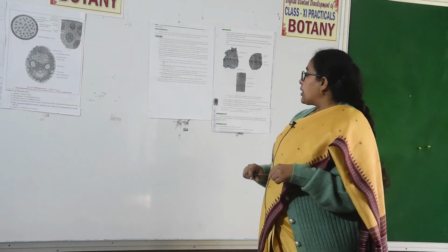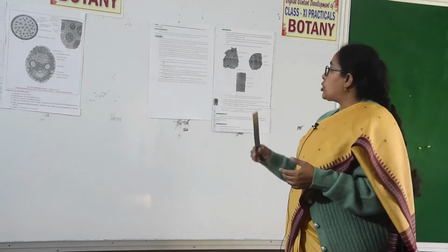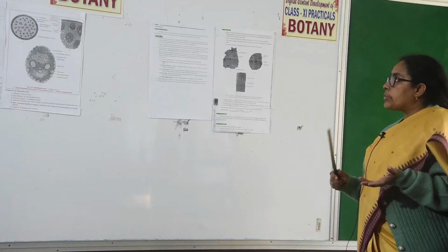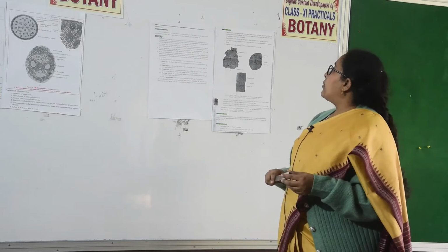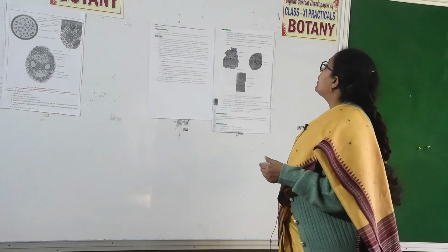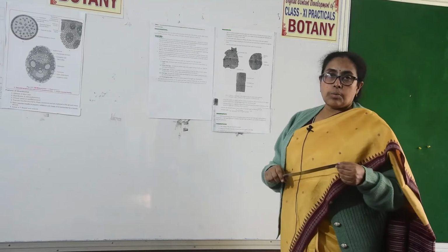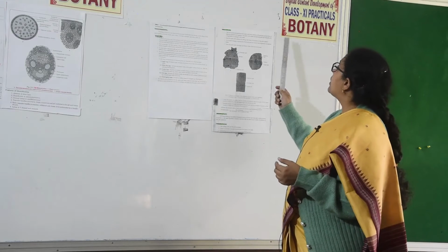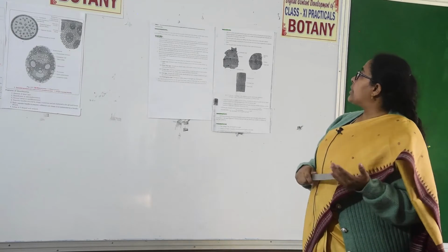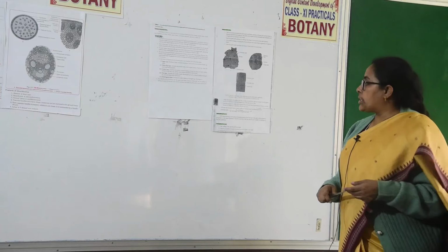So what you are going to do, Ma'am will explain the procedure: you will take a fresh leaf, then take out the epidermal peel, then study the upper and the lower surface of the leaf, and then stain it and study the stomata.